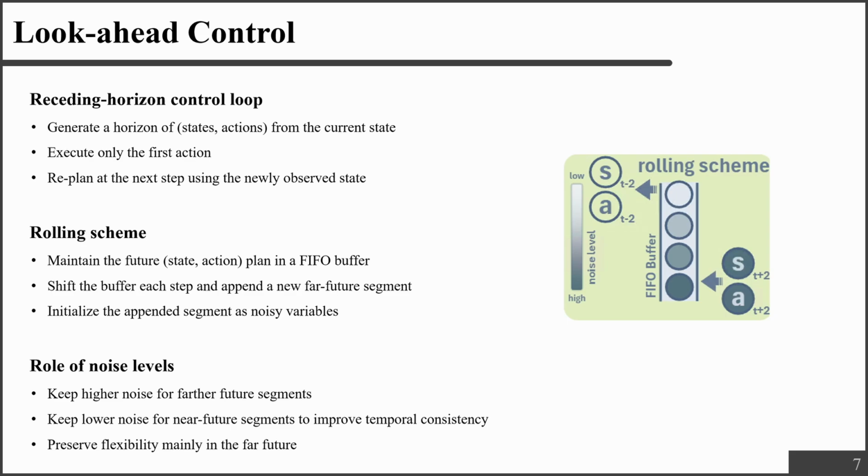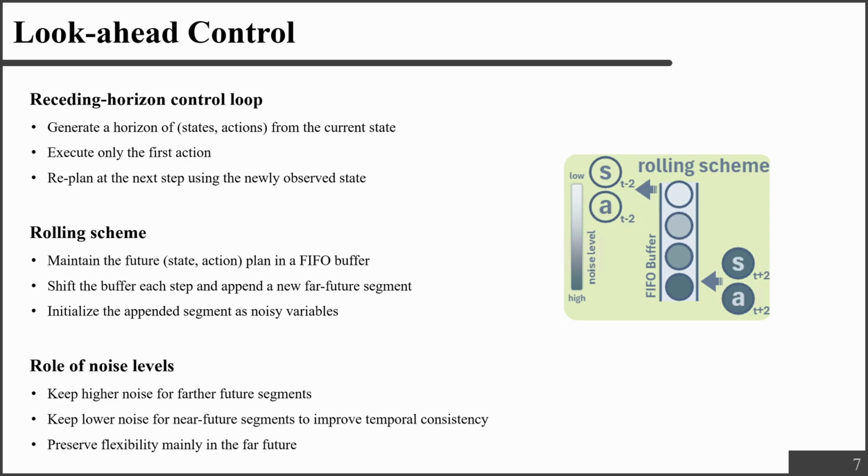At each time step, it generates a future sequence of states and actions. Only the first action is executed, then the plan is replaced at the next step. Because diffusion sampling is stochastic, replanning from scratch every step can reduce temporal consistency, even when the environment changes only slightly.